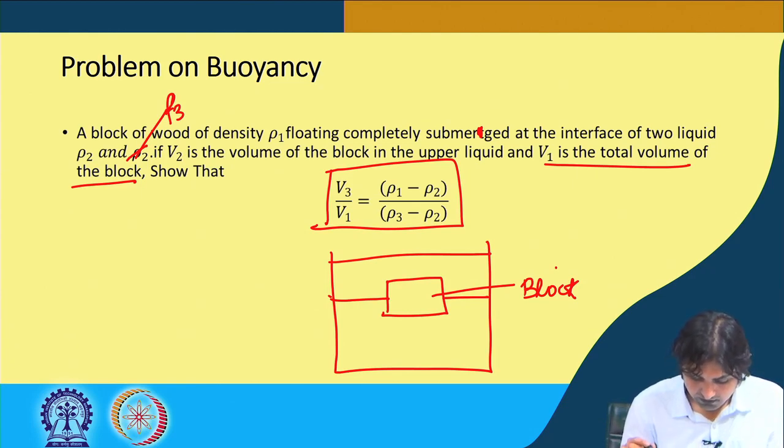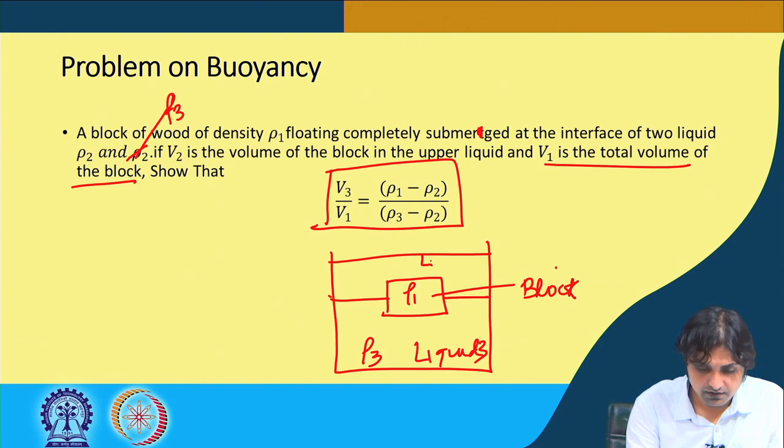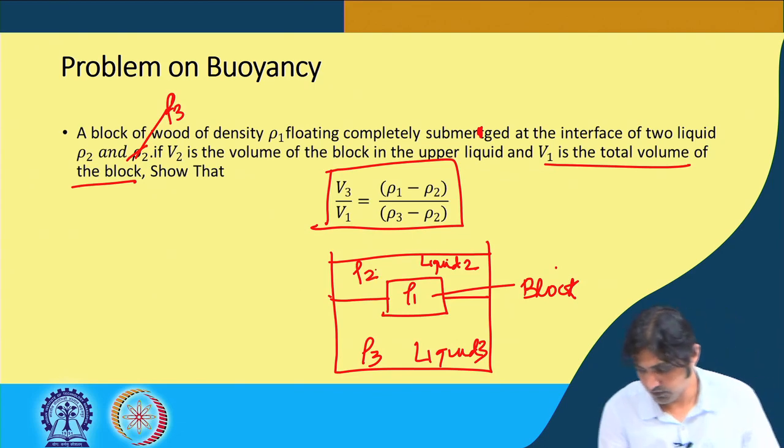The block density is rho 1, for example, this is liquid 3 with density rho 3, and this is liquid 2, and that is why this is rho 2.